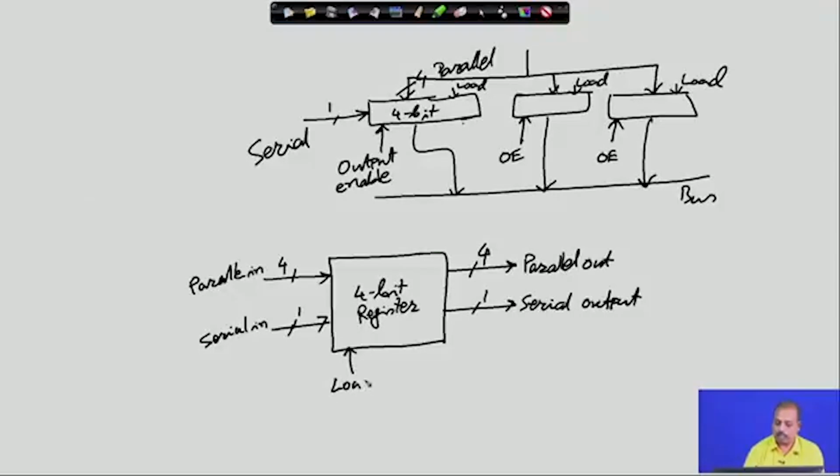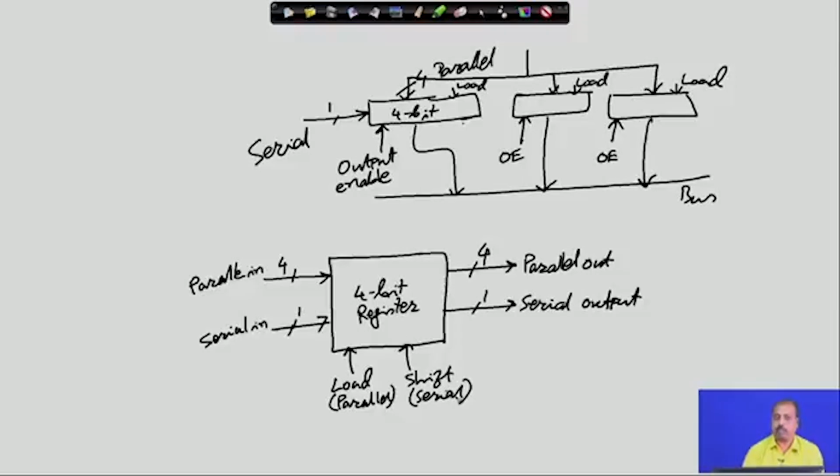So, this load signal normally stands for parallel, or for the serial load. The control signal is generally called shift. This is the serial load.